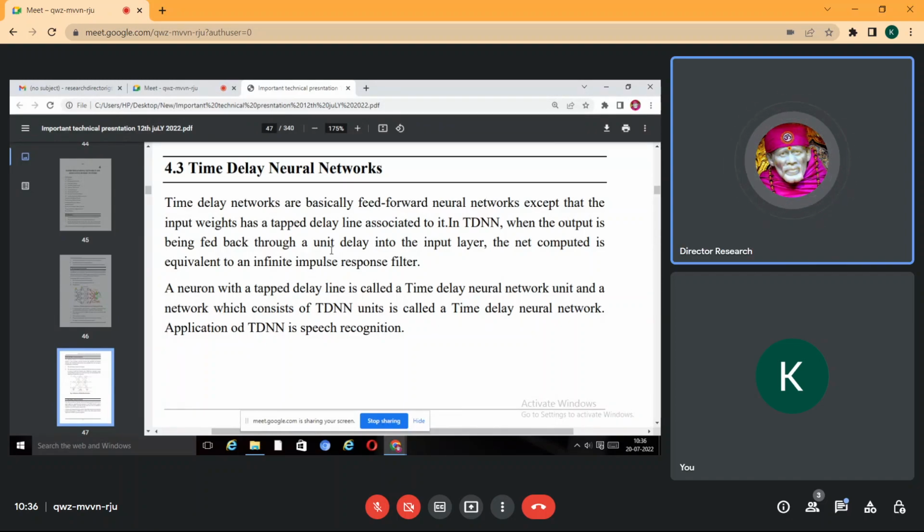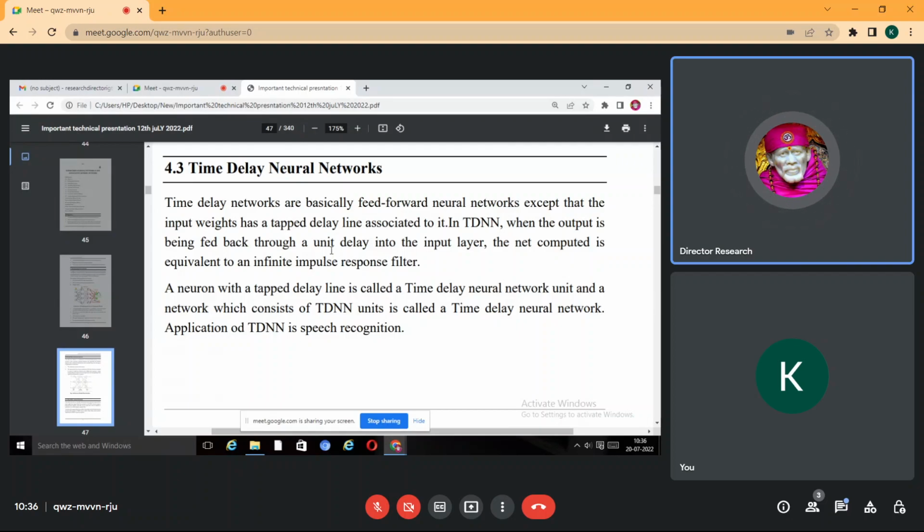The net computed is equivalent to an infinite impulse response filter. A neuron with a tapped delay line is called a time delay neural network unit. A network which consists of such units is called a time delay neural network. An application of the time delay neural network is speech recognition.